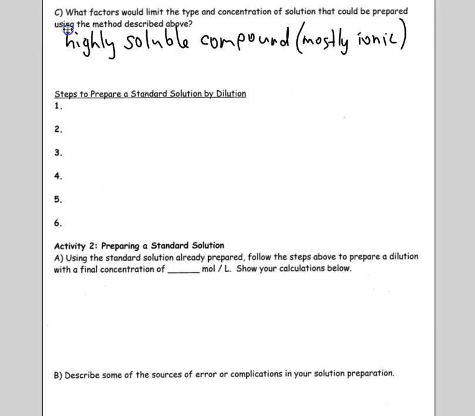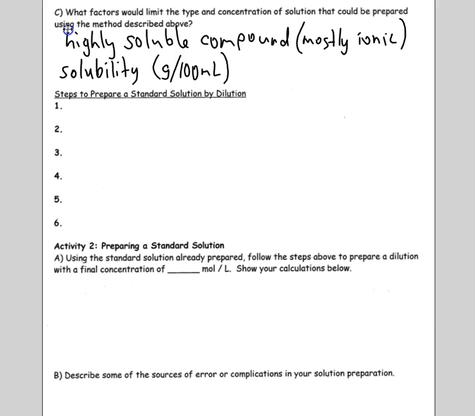The concentration, again, is going to be dependent upon the solubility. When we look at the solubility of a given compound, that's how many grams of solute will dissolve in 100 milliliters of solvent. We'll look at solubility a little bit more in chapter 7.